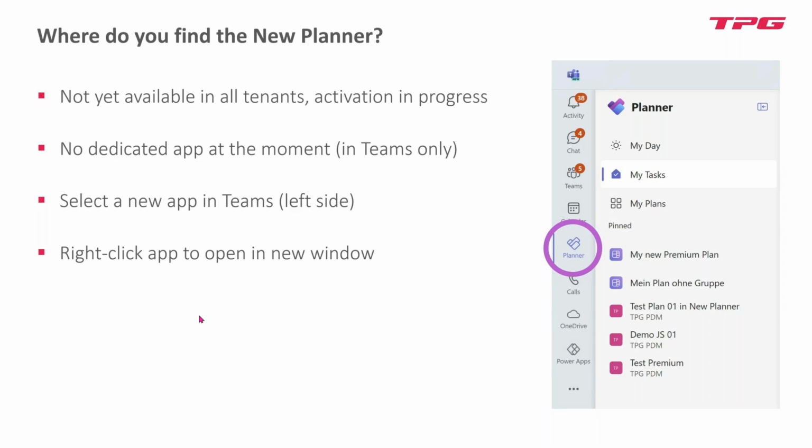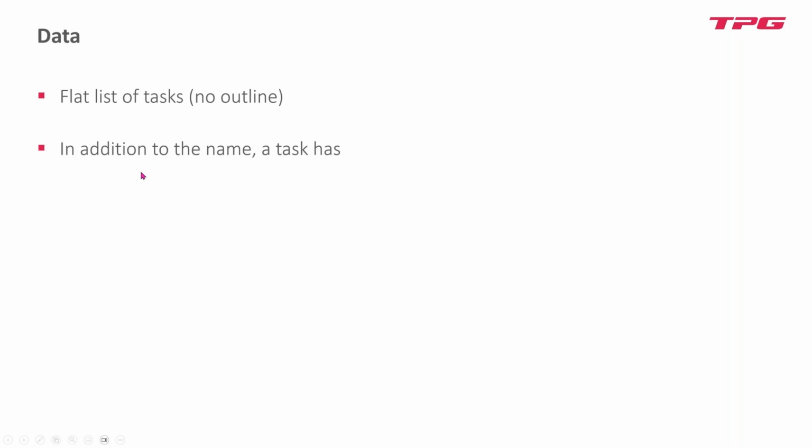So we have two slides for Planner, looking at data which is stored in Planner and looking at the views that are available. First of all, Planner still has a flat list of tasks. You can't have an outline, so there is no summary task or top task having children. It's just a flat list of tasks.